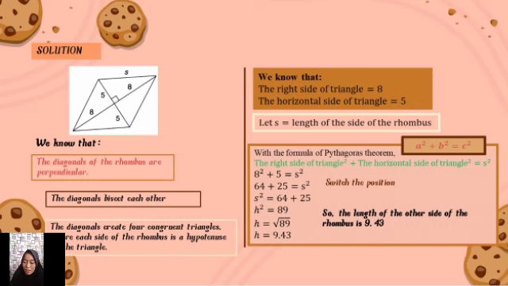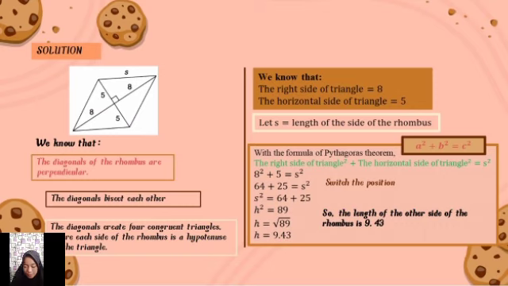Let s equal the length of the side of the rhombus. With the formula of the Pythagorean theorem, a squared plus b squared equals c squared. The vertical side of the triangle squared plus the horizontal side of the triangle squared equals s squared. We substitute: 8 squared plus 5 squared equals s squared.